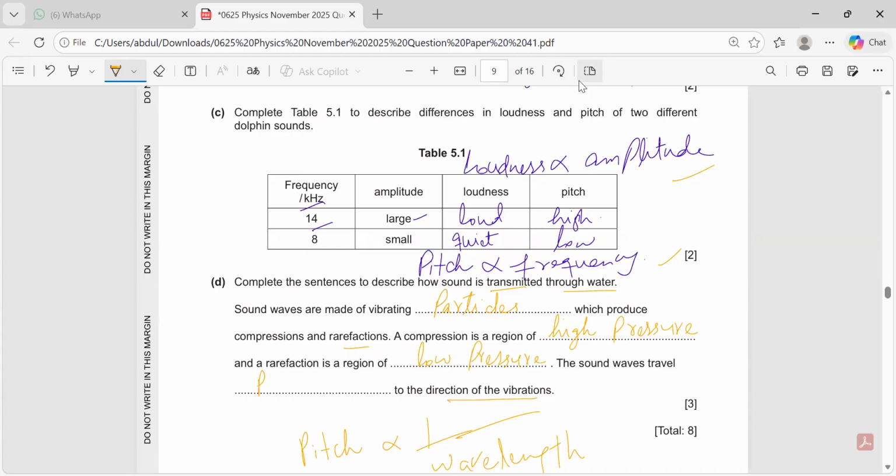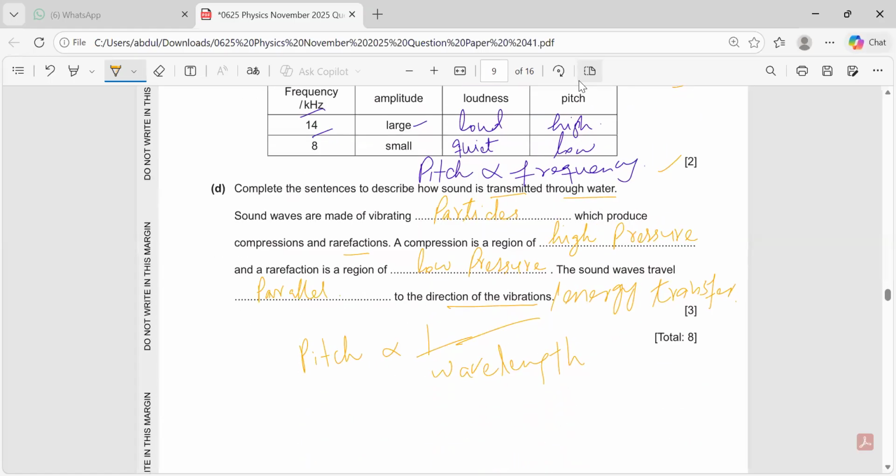We know that sound wave is longitudinal. So this is parallel, the same direction as the vibration, or even the direction of energy transfer, sometimes you can find in questions. Sometimes they will say direction of energy transfer. Sound wave is a longitudinal wave, so here the direction of the vibration is parallel to the direction of the sound wave or energy transfer. Okay, so this is done.